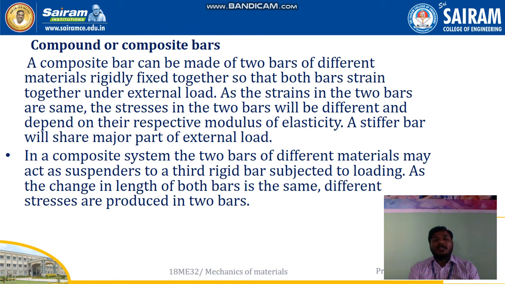In this case, a stiffer, stronger bar will take a major part of the external load when both bars are rigidly fixed together. Whenever we apply a load, the major part of that external load automatically goes to the stiffer bar. Next, in a composite system, the two bars of different materials may act as suspenders for a third rigid bar subject to the loading.